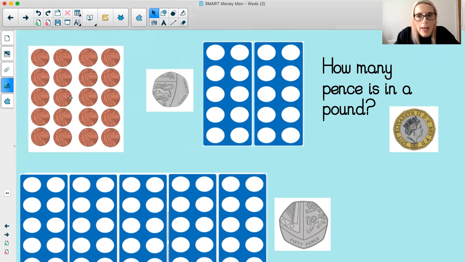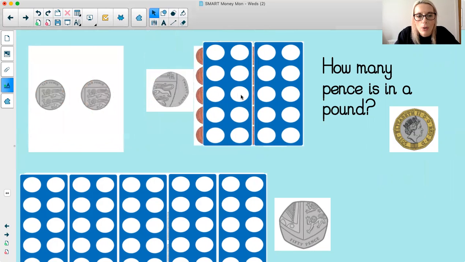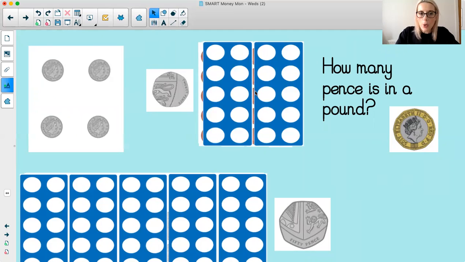Is there another way? Let's have a look. Yes, just like we've got the two 10 plates, we could have two 10p's to make 20p. And that means we could also have four 5p's because we know that two 5p's make 10p. So four 5p's can make 20p.